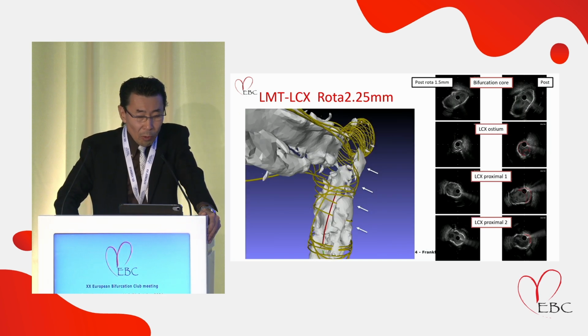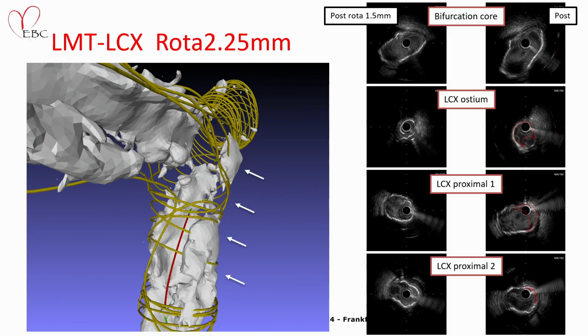The circumflex also has good contact in the guide wire bias simulation. And in IVUS, the circumflex ostium and the proximal part have a good guide wire bias, and after rotablator, a good ablated area was observed in the ostium and the proximal part.